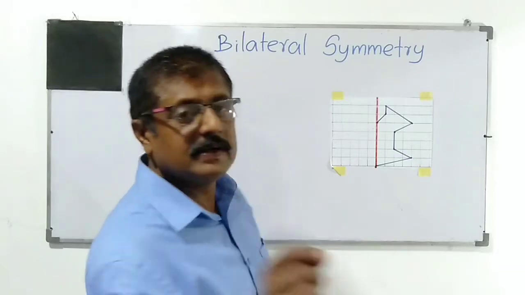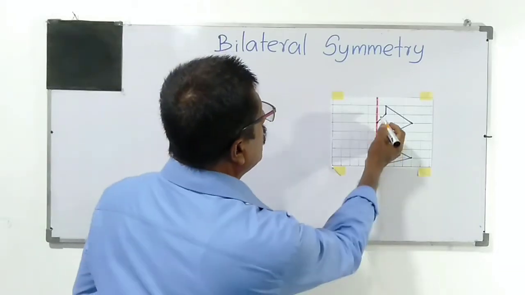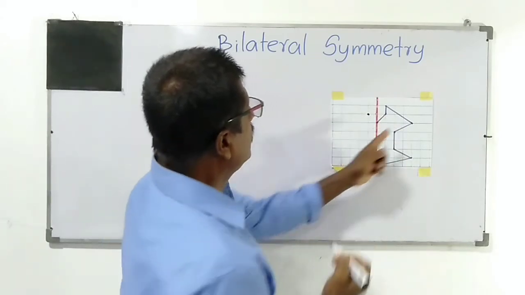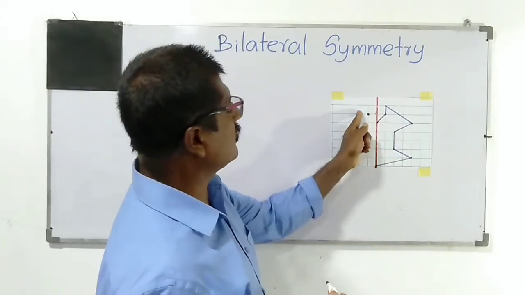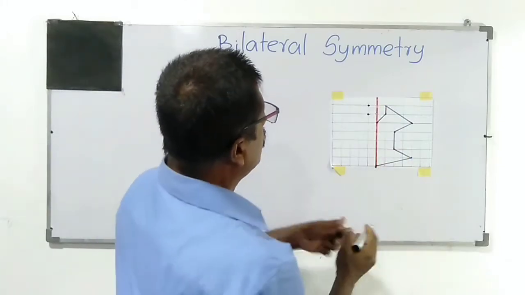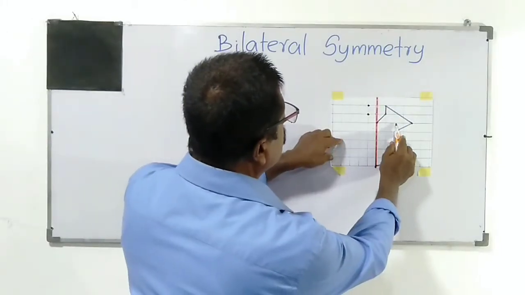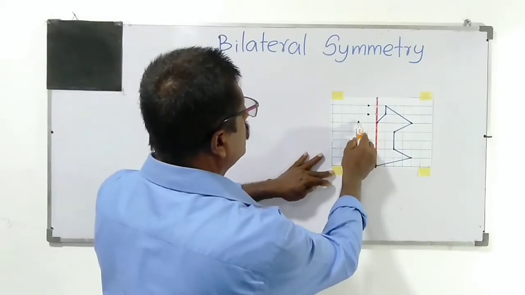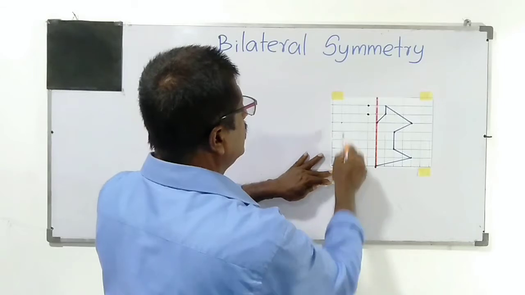You count the number of squares. Here you are. From here, one square. Then on the other side, one square. One square, one square. From here, 1, 2, 3, 4. Then count the same number of squares. 1, 2, 3, 4. Mark it in here.